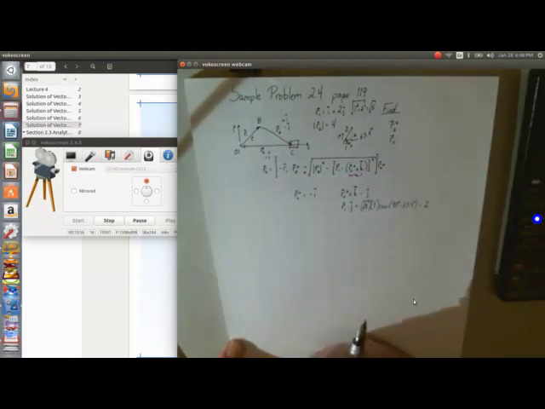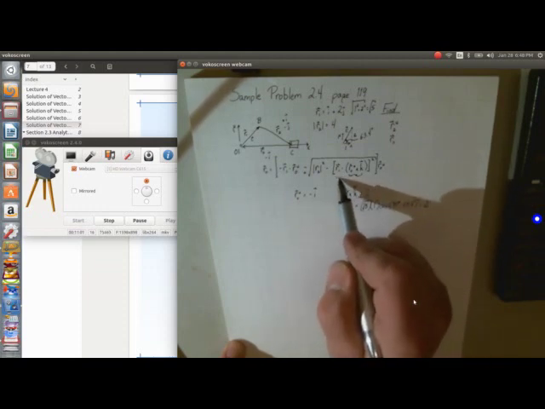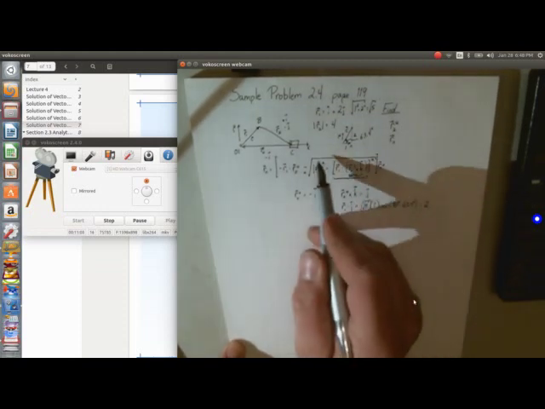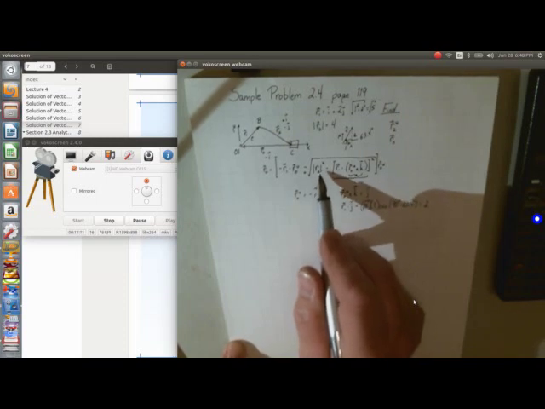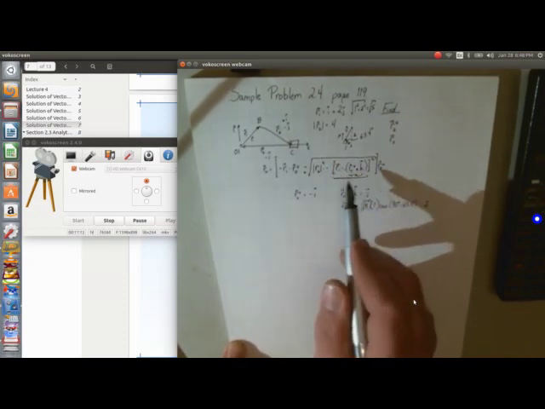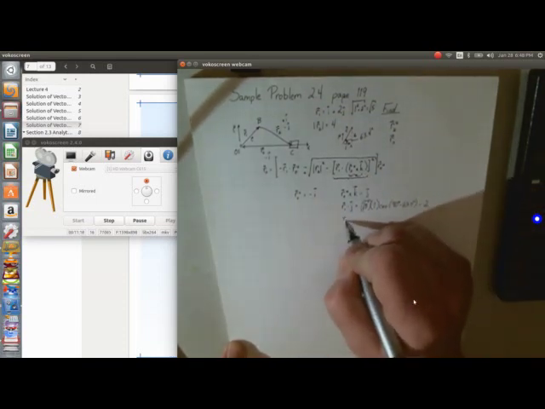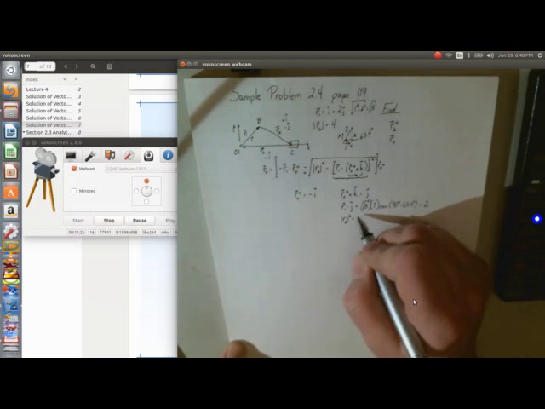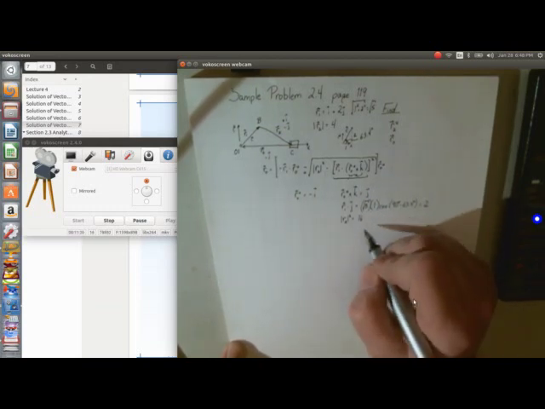Let's see, what else can we do? So now we've solved this. The remainder inside our square root is r sub 2 magnitude squared minus what we just figured out squared. So r sub 2 magnitude squared is equal to 16, and 2 squared is equal to 4.